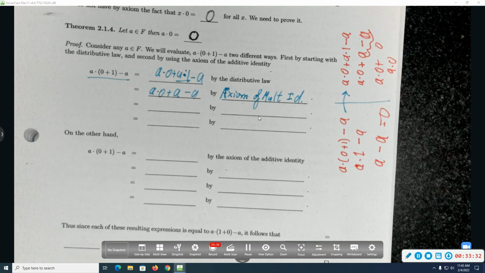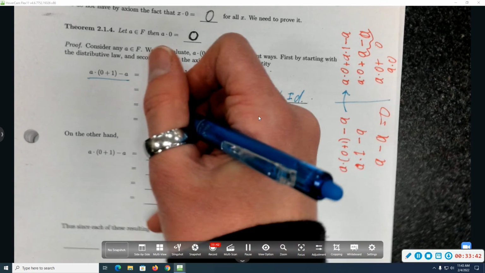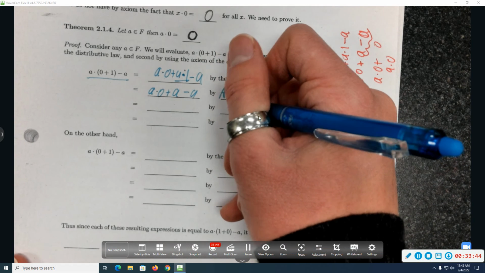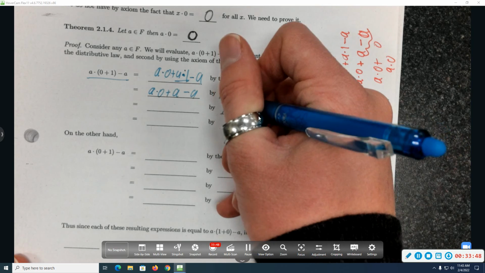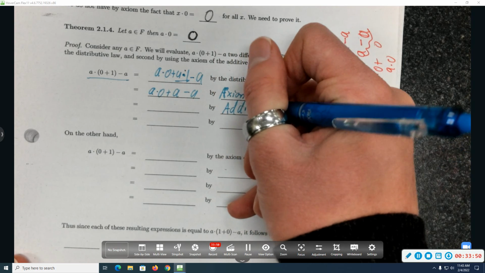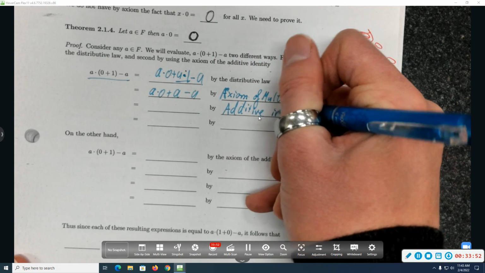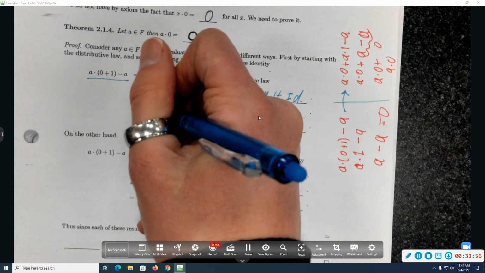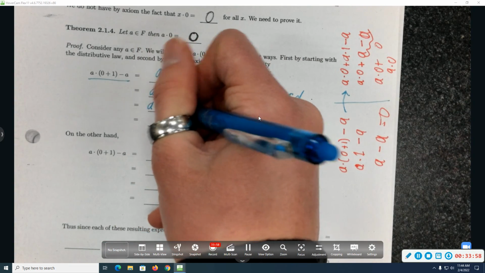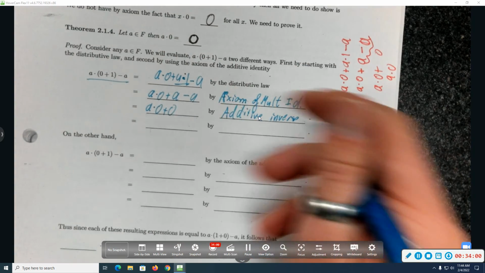By the axiom of the multiplicative identity, you can get that. What next? Apply the definition of subtraction, I guess. I think for the additive inverse. Yeah, so what can you tell me about A minus A? Cool. What can you tell me about A times 0 plus 0?